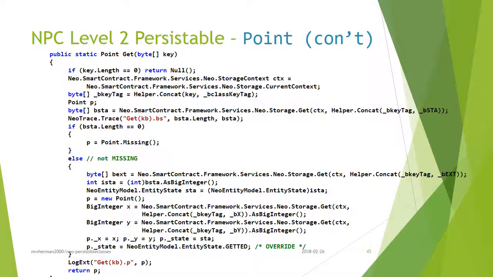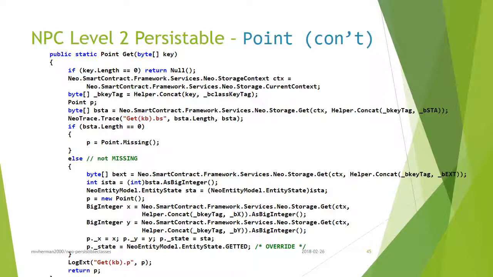We get a hold of the context, then we create again the binary key tag with the key that's passed in, plus the suffix that defines this as a point.